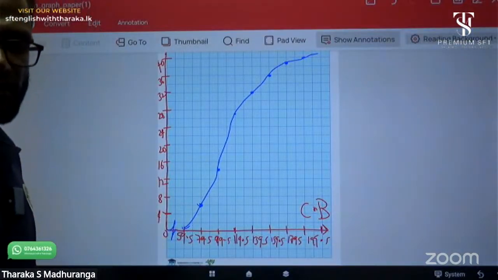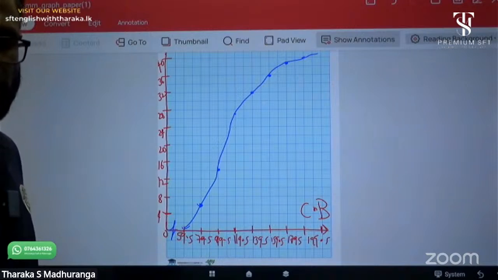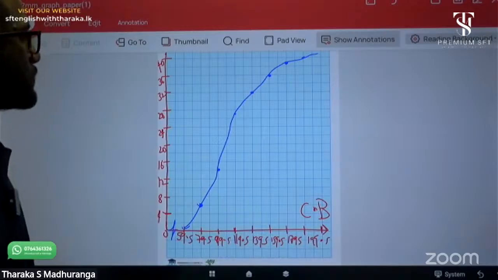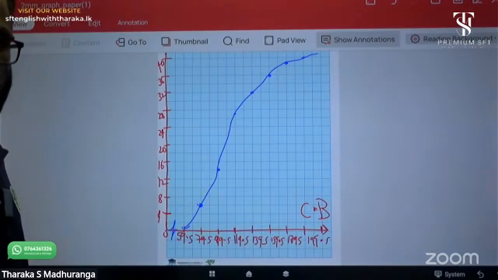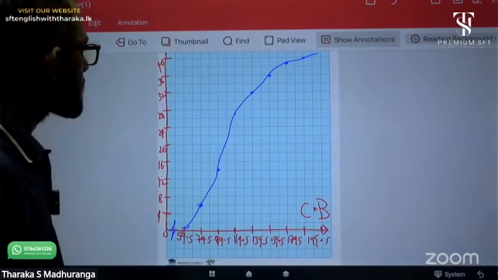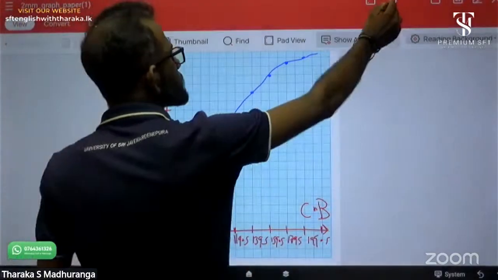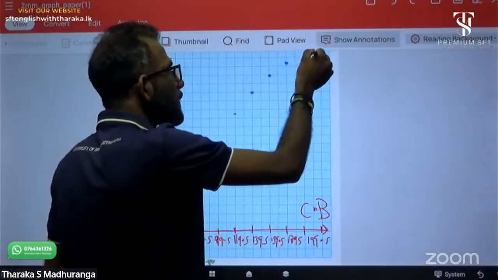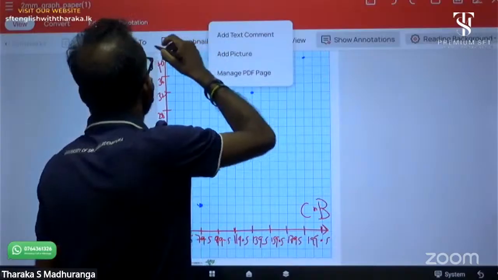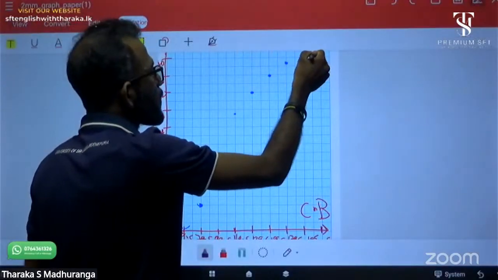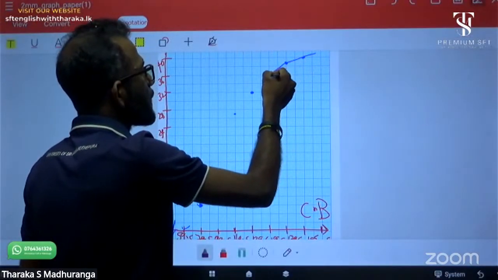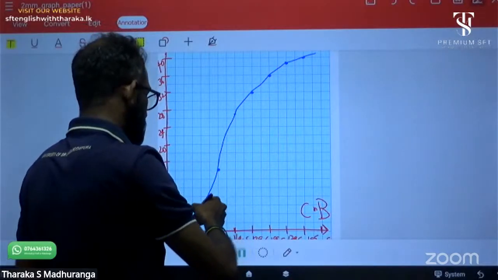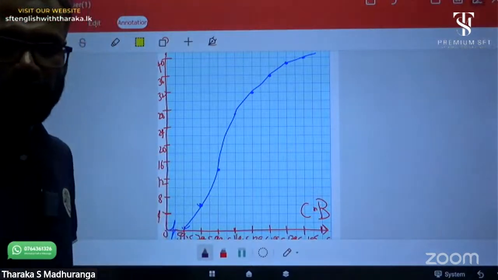Okay, this is the graph. This type of graph.